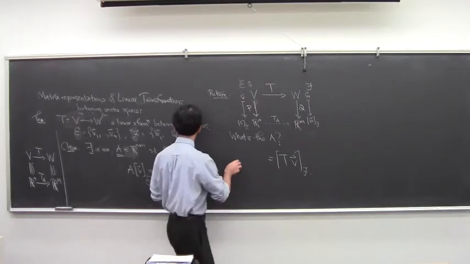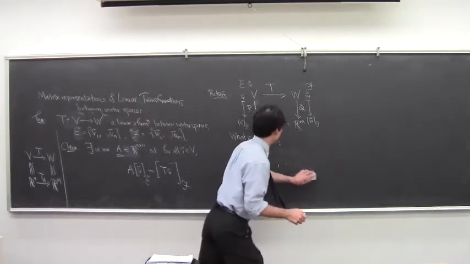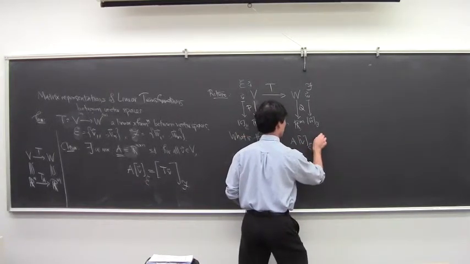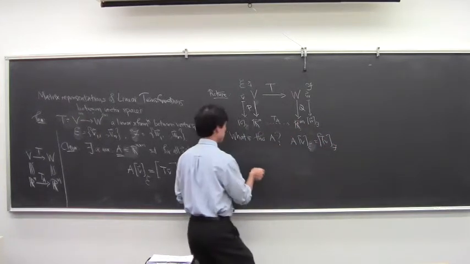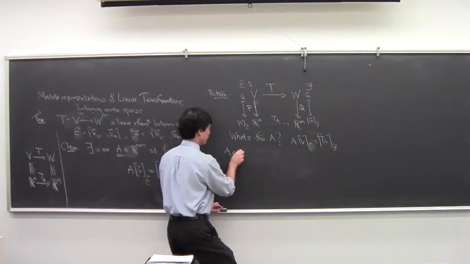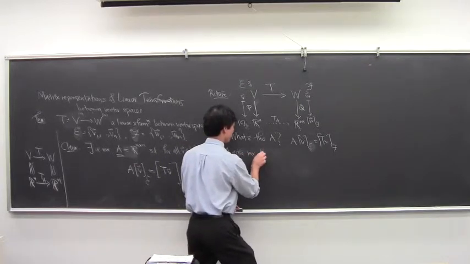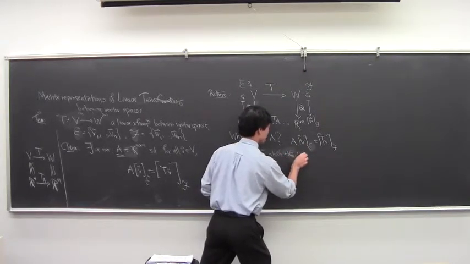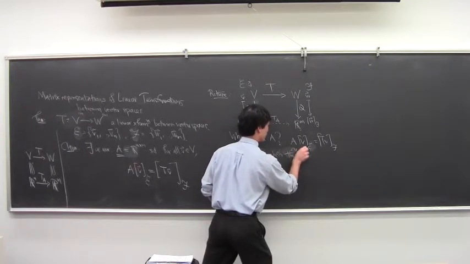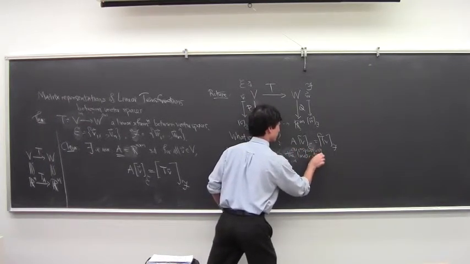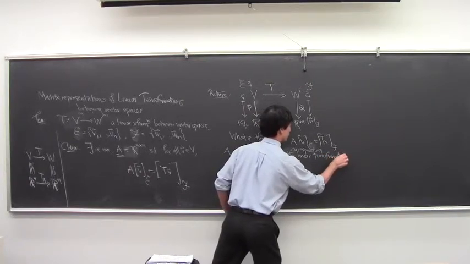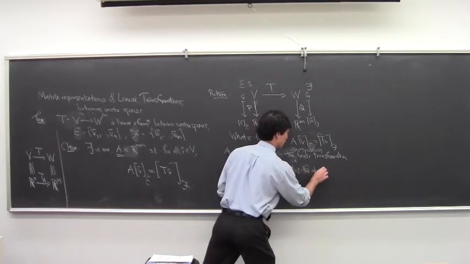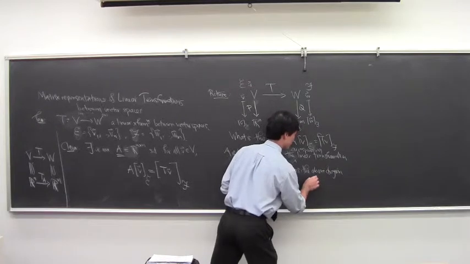So A is the matrix for which the corresponding linear transformation T sub A makes the above diagram commute.